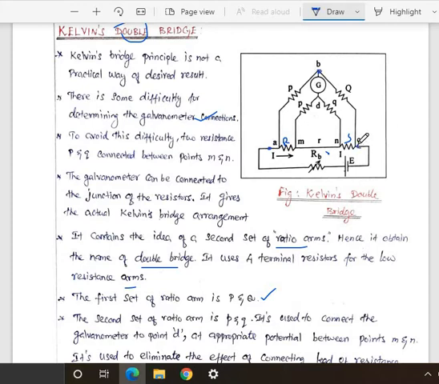Both are equal because it's a balanced condition. So EAB is equivalent to EAC, both are equal. At the same time, here the two resistances will be added. P and Q, the resistances will be included.